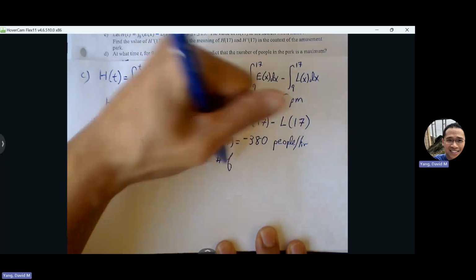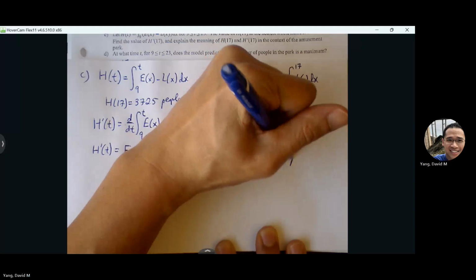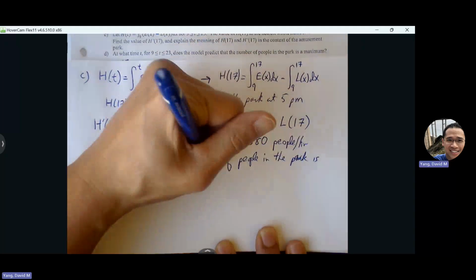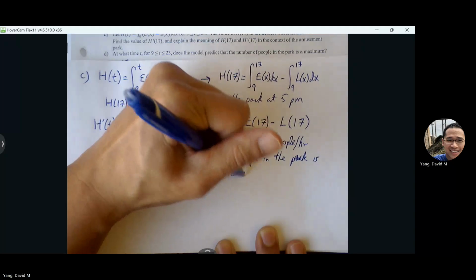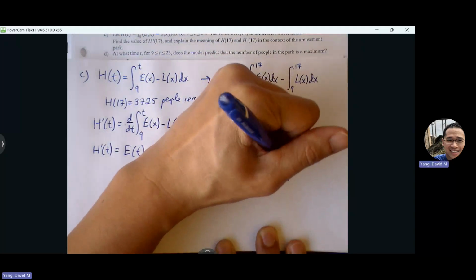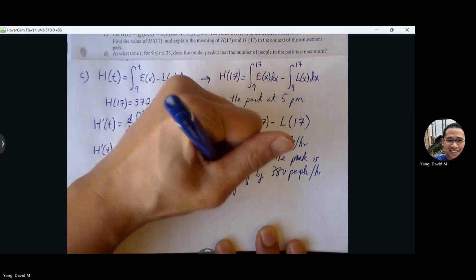Yeah, so we can say the number of people in the park is decreasing by 380 people per hour at 5 p.m.